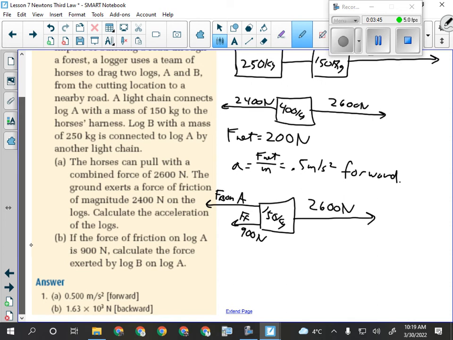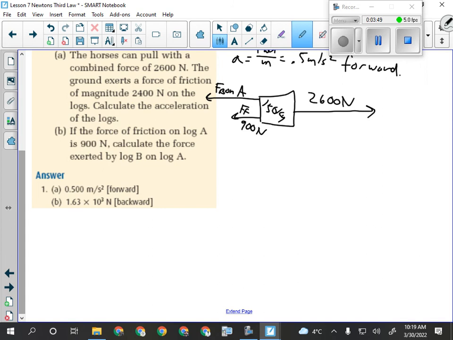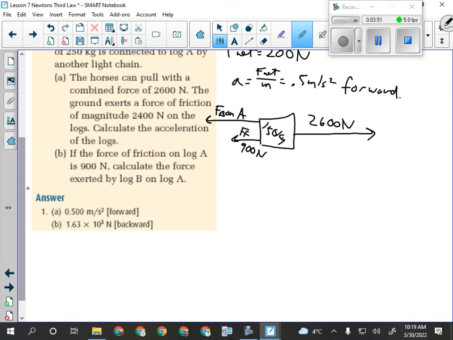Okay, so what do I need to calculate next? Net force. Yeah. I've got to calculate net force. I know the mass, I know the acceleration, so I can calculate the net force acting on log A. All right, so F net equals 150 kilograms times 0.5, so that's 75 newtons forward.